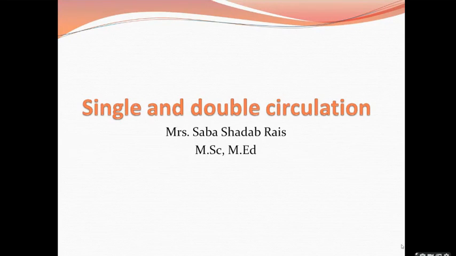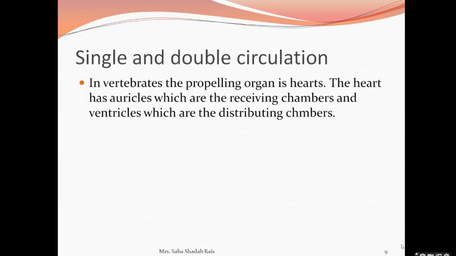And the closed circulatory system has two mechanisms. Actually, I cannot say it's a type of closed circulatory system. These are the mechanisms of how the blood is circulating: single circulation and double circulation.